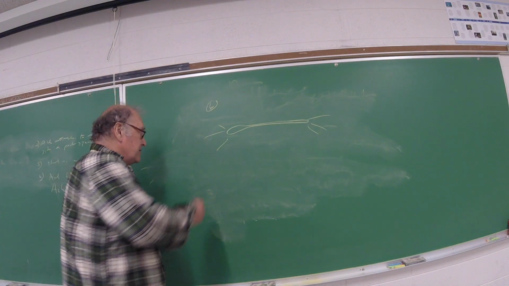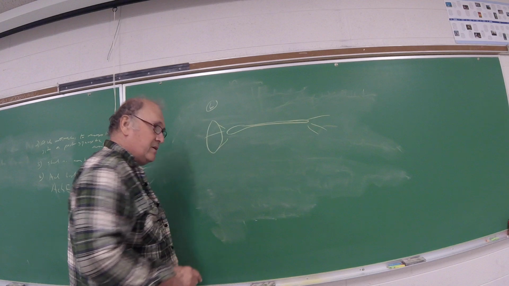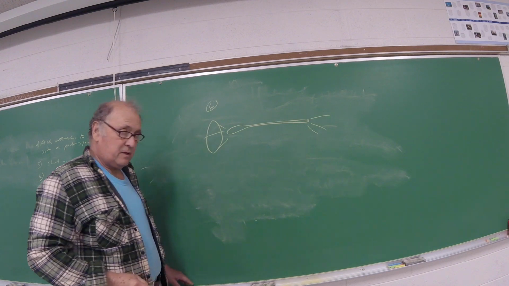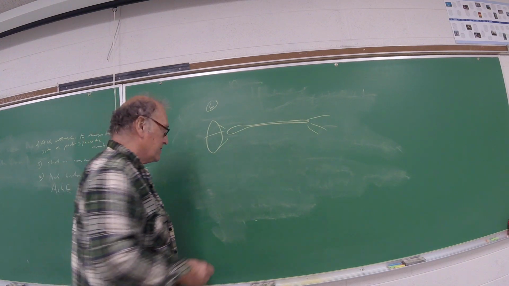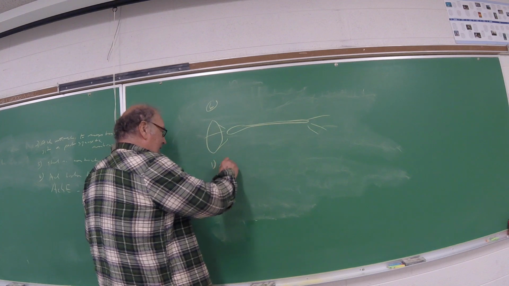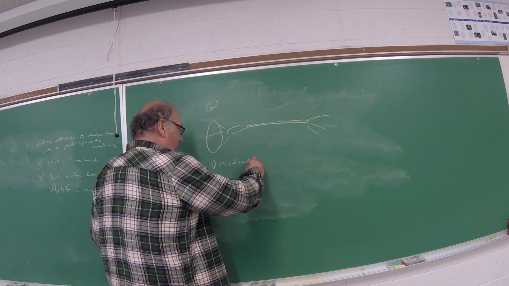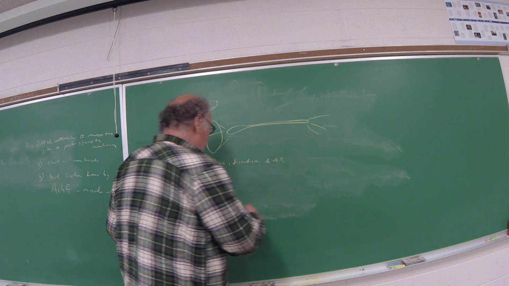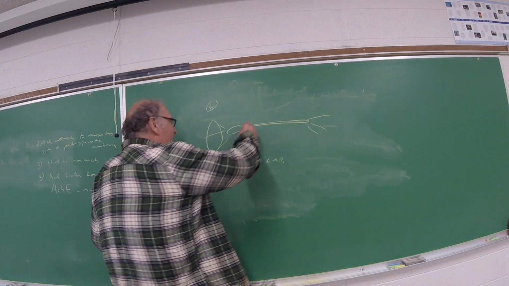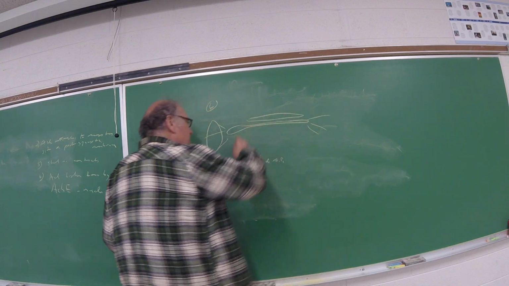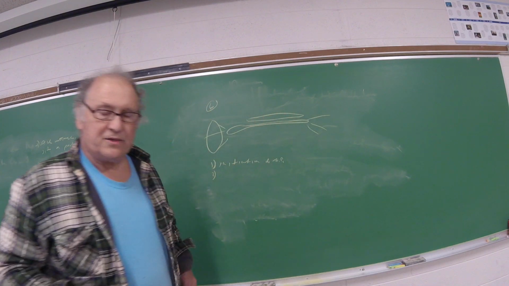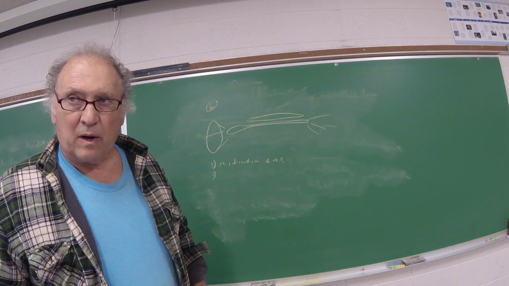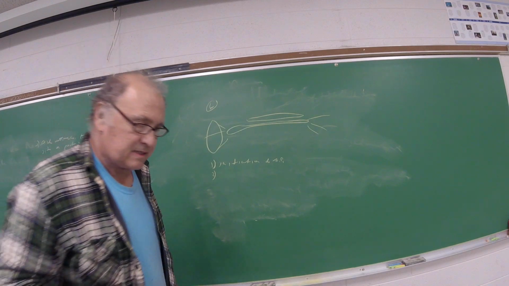Initiation. You can draw it if you want to. Initiation of action potential. Step 1. Step 2: propagation, sending it down the axon. Propagation is this next step.